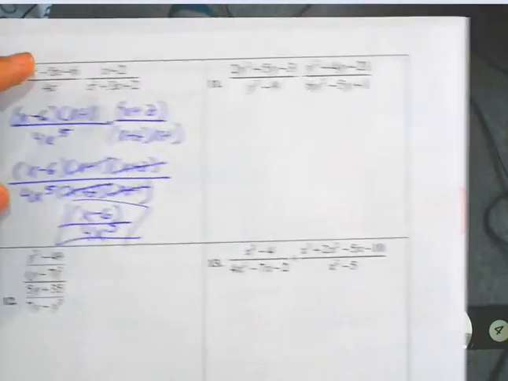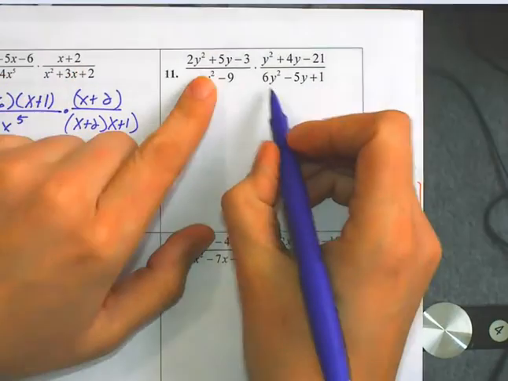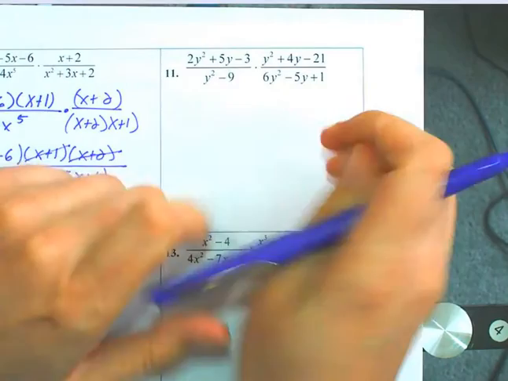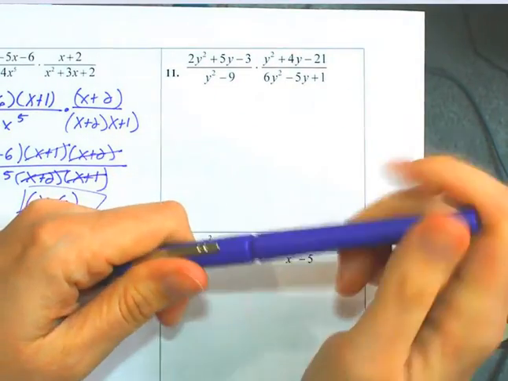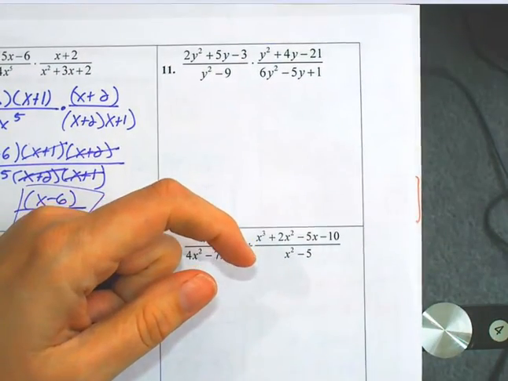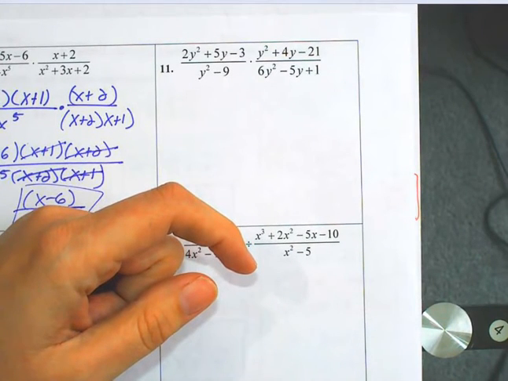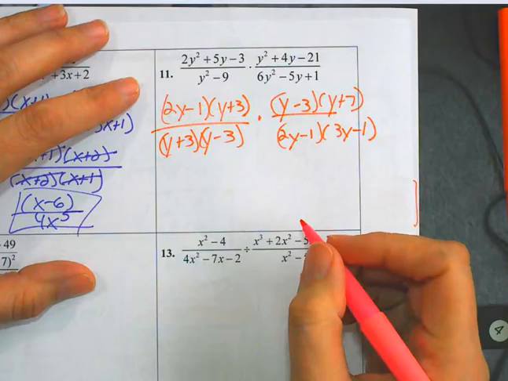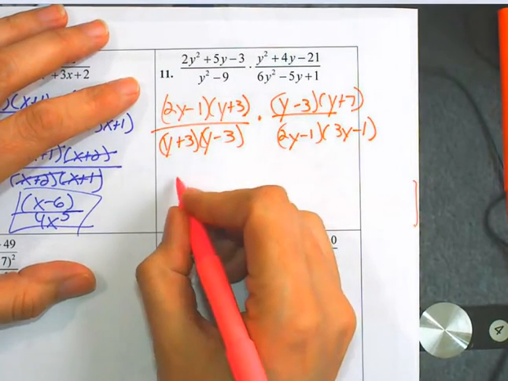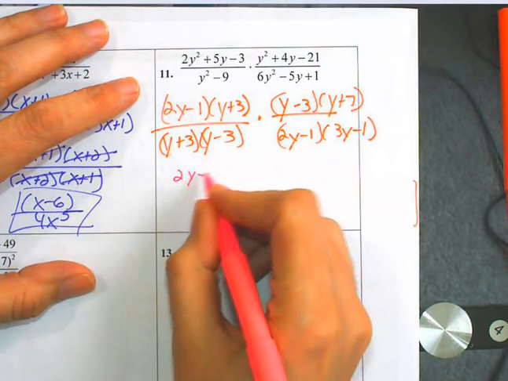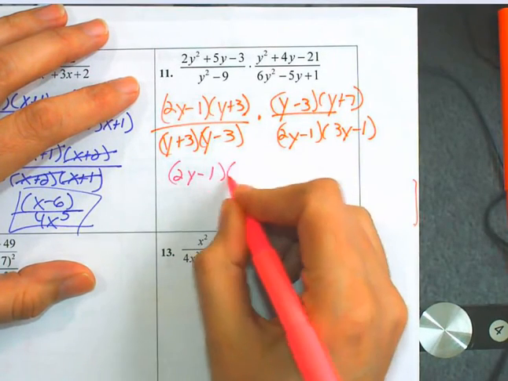Okay, next one. Again, you want to take the time to go ahead and factor each of these pieces. If you're having trouble factoring, please make sure that you stay after school because I don't want to spend more time on the video explaining how to factor. I want to go through the process of multiplying and dividing these polynomials. If you factored all the pieces, then you can write them straight across the top because this is multiplication again.